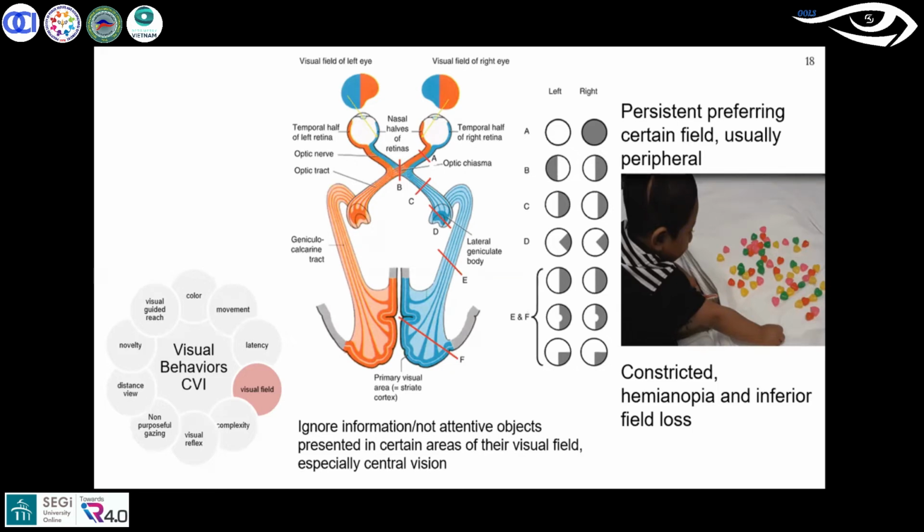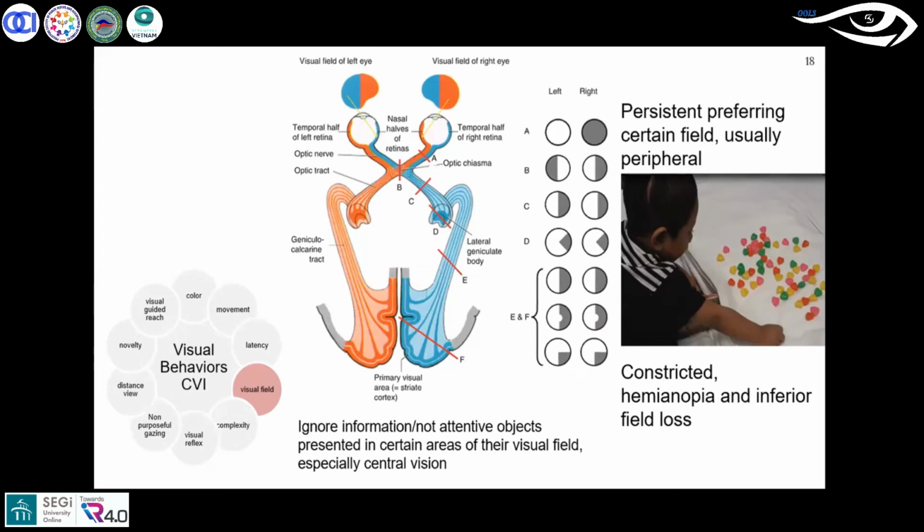except if the child is having a trauma or needs to undergo a surgery, for instance, that will be quite definite with their preference. But other than that, their field preference is actually not certain. They will be having a constricted hemianopia and inferior field loss for no reason.